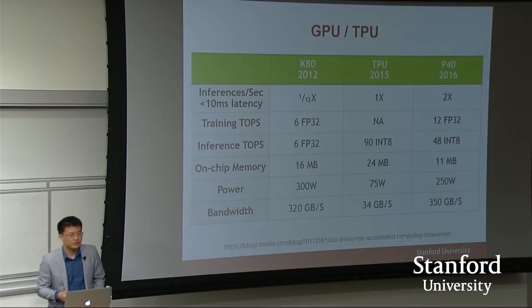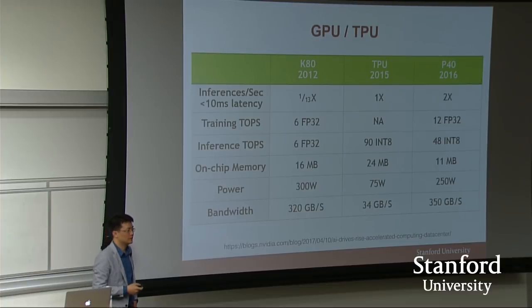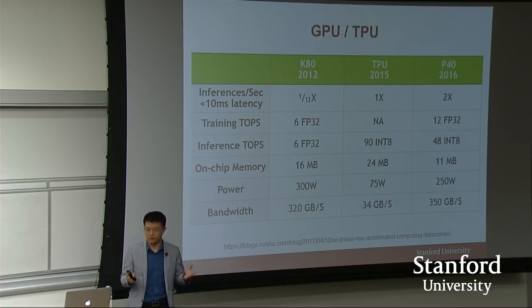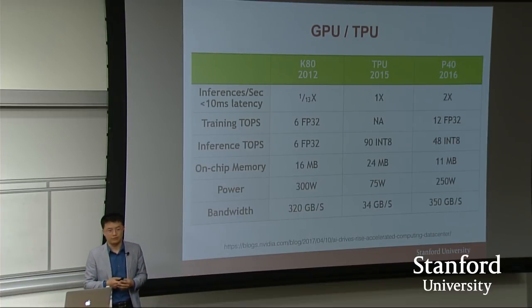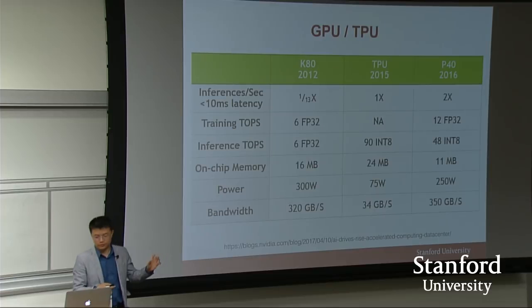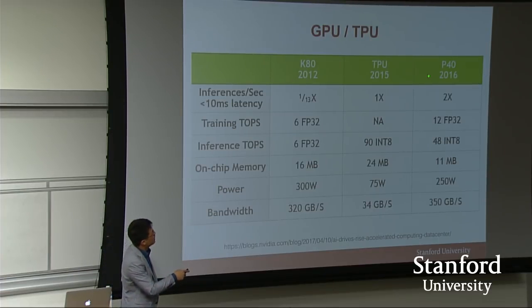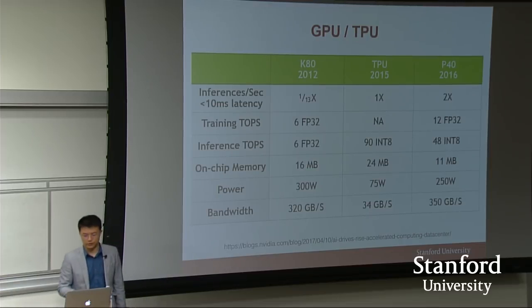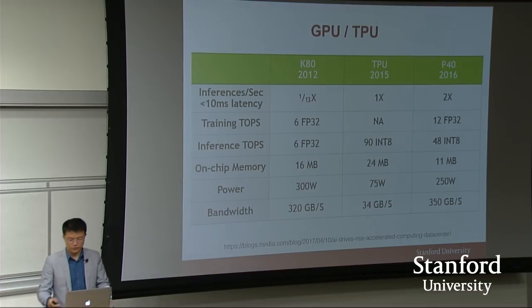So you may be interested in the comparison of the GPU versus the TPU, right? So how do they compare with each other? In the original TPU paper, the TPU was designed roughly in the year of 2015, and this is a comparison with the Pascal P40 GPU released in 2016.